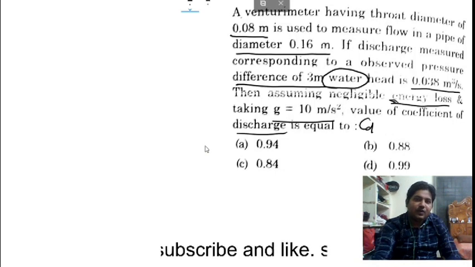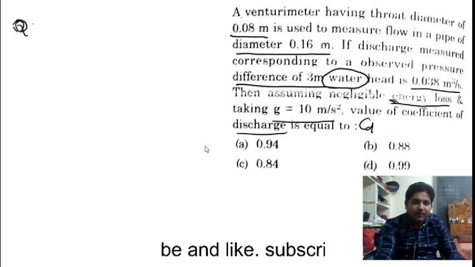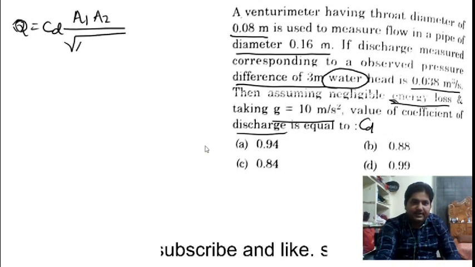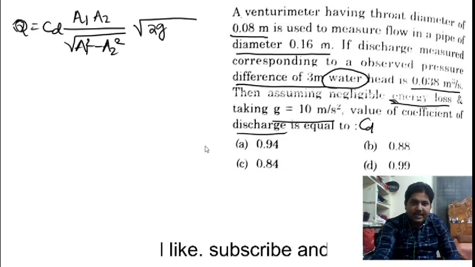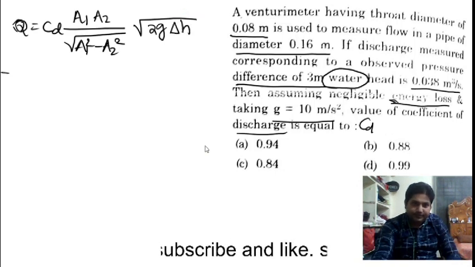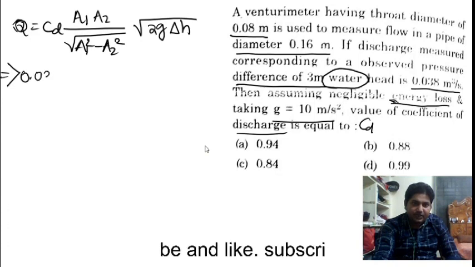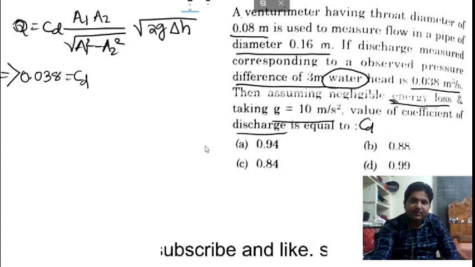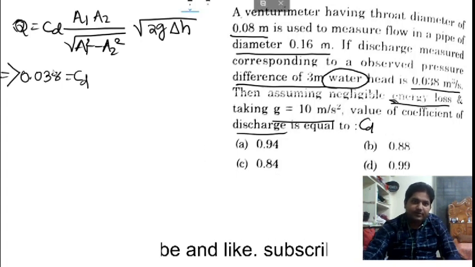You already know the formula: Q equals CD into A1 A2 divided by the square root of A1 square minus A2 square, into root over 2g delta h. Here each area is pi by 4 d square, so taking pi by 4 common, one pi by 4 cancels from the numerator and denominator, and only one pi by 4 remains in the numerator.